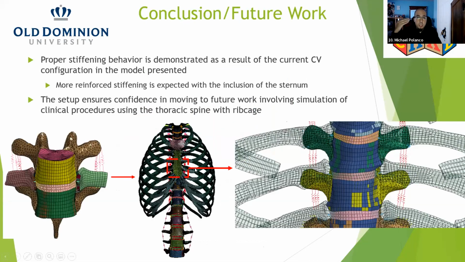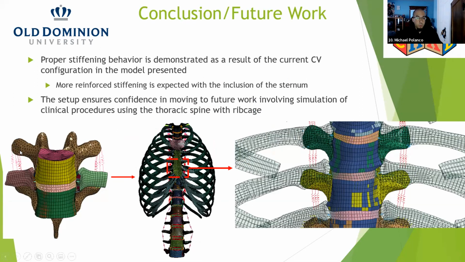So to conclude, the representation of the costovertebral joint as presented was able to demonstrate proper stiffening behavior. However, what you notice is the level of stiffening was not as pronounced, and that's because you didn't have the ribs completely closed.